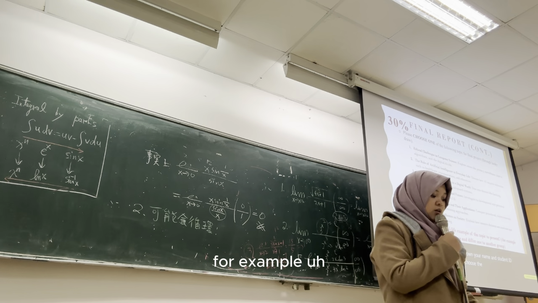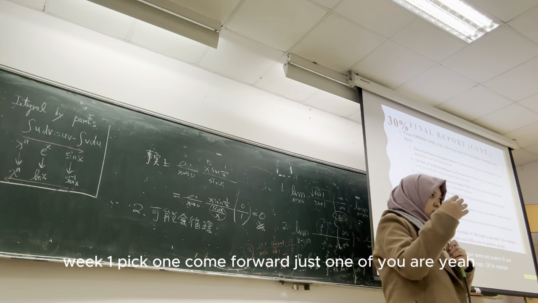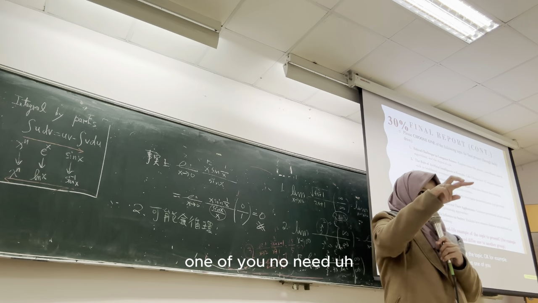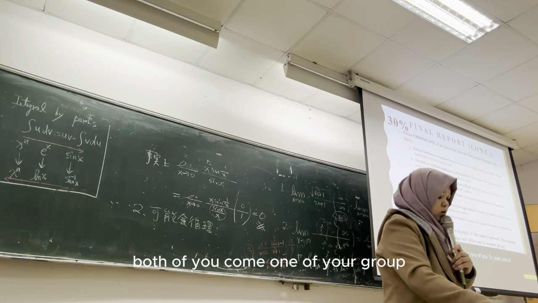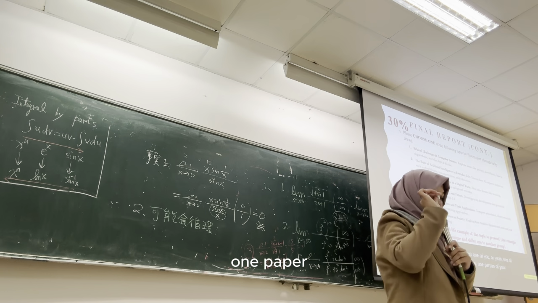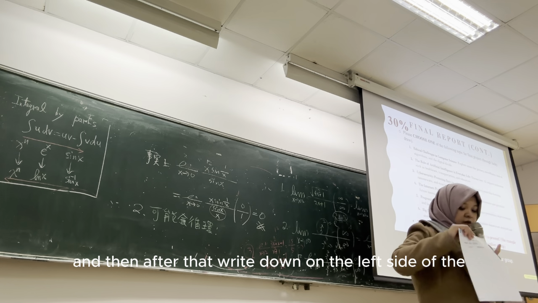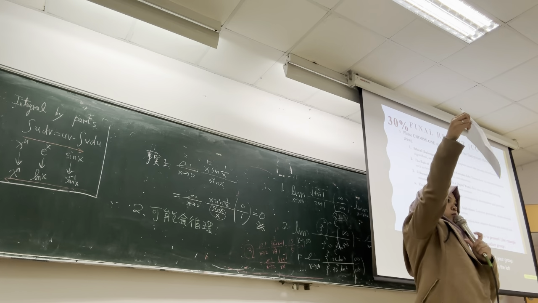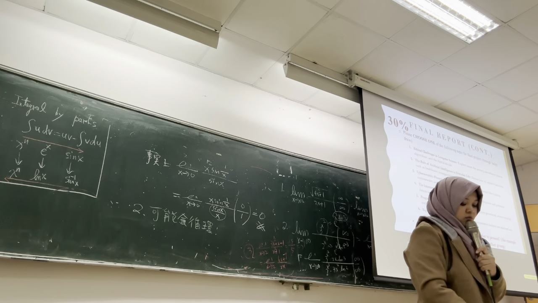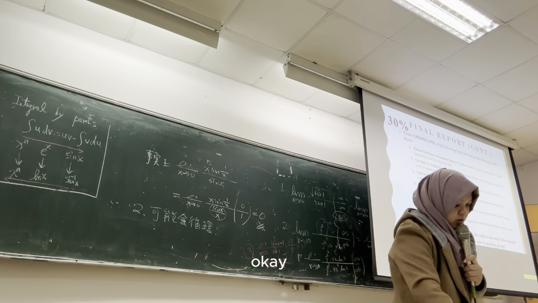For example, week one, come forward. It's just one of you, no need for both of you to come. One person of your group chooses one paper, and then after that writes down on the left side of the table, just the numbers. Okay.